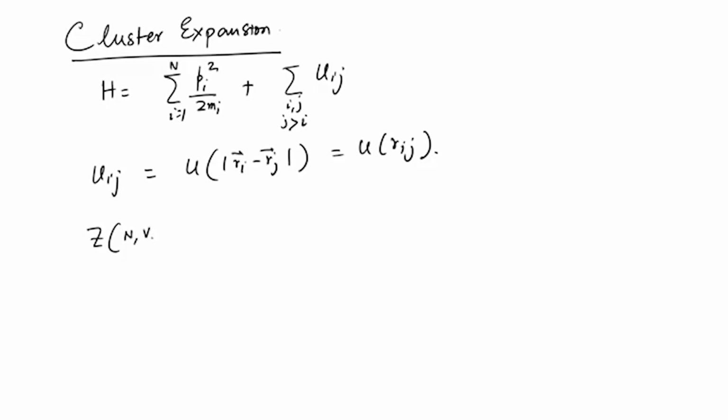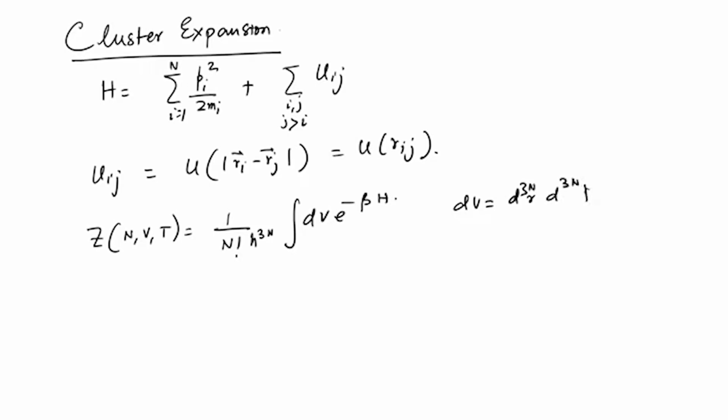So, the canonical partition function is written as 1 by N factorial h to the power 3N, and we have this volume integral and exponential of minus beta H. The volume integral is nothing but the integral over the phase space, over all those 3N coordinates.